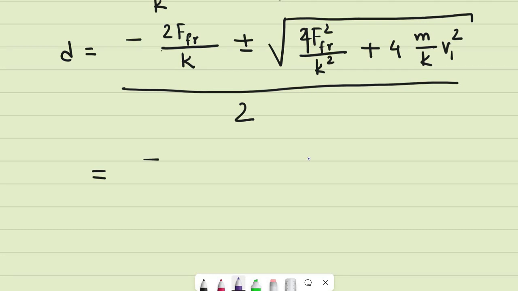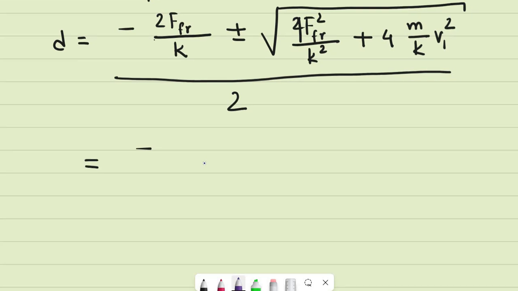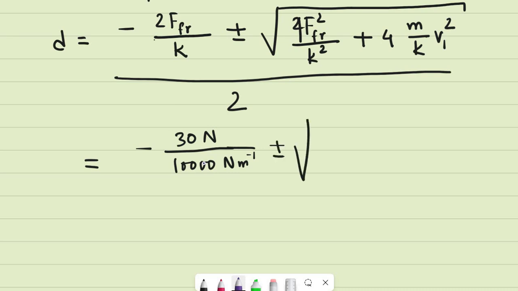The magnitude of the friction force was 15 Newton, so 2 times 15 is 30 Newton, divided by k, which is 10,000 Newton per meter, plus minus the square root of 4 times this whole thing squared, so 900 Newton squared divided by 10 to the power 8 Newton squared per meter squared.